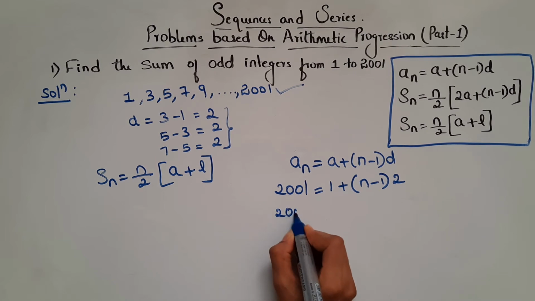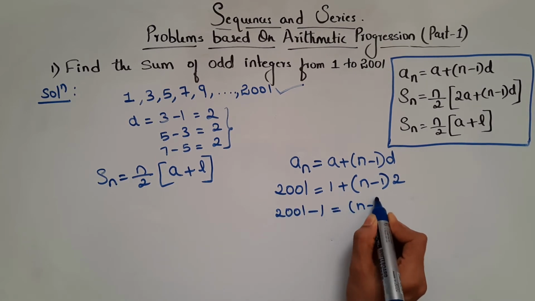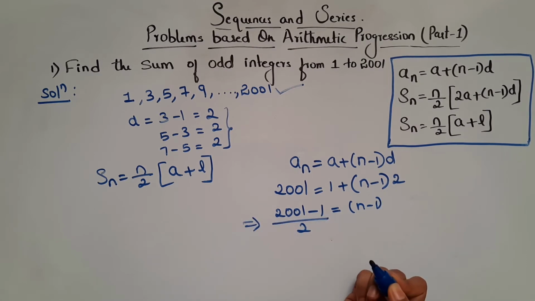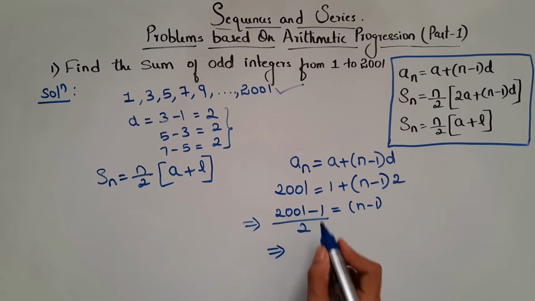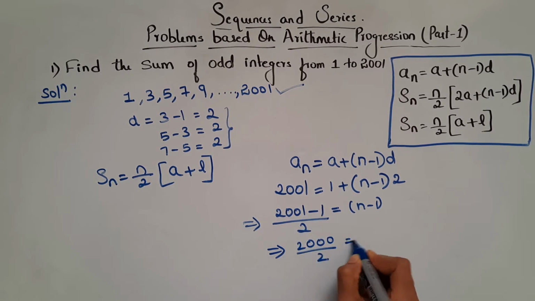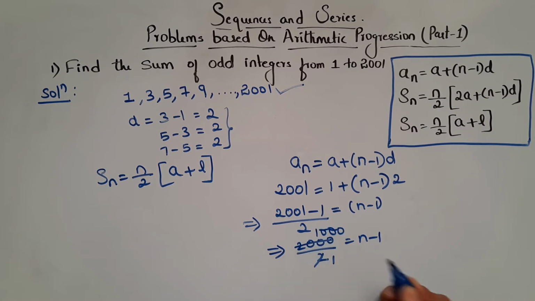We have 2001 minus 1 equal to n minus 1 times 2, so 2000 by 2 is equal to n minus 1. 2 ones are 2000. So this implies n is equal to 1001, right?